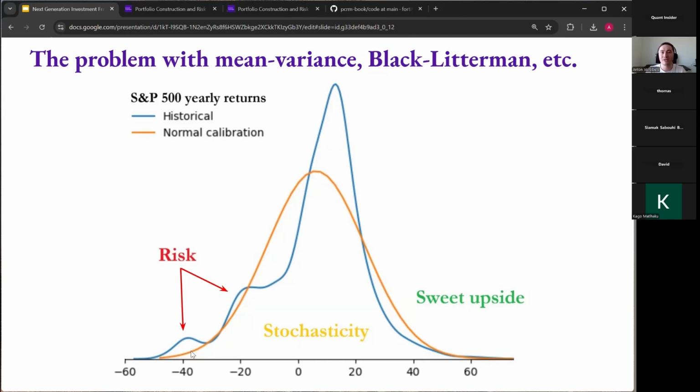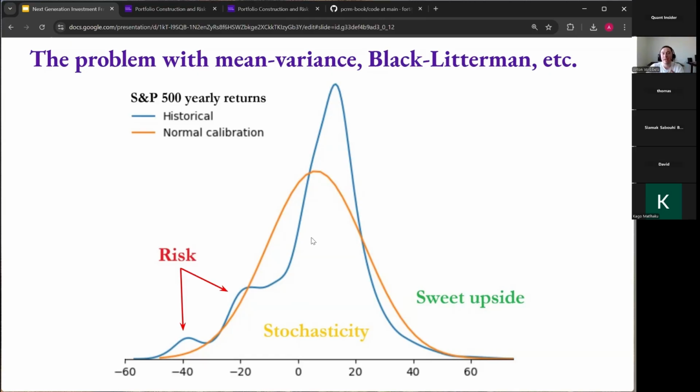And it's interesting that even the people who continue to promote and justify mean variance understand that correlations go to 1 in risk-off scenarios and things like that. But then somehow they still just use one covariance matrix and mean variance analysis. So there is this logical inconsistency. And I would say that this is actually a common theme, if you think about it, for many of these academic theories.